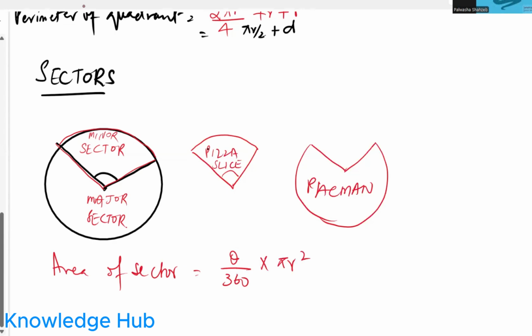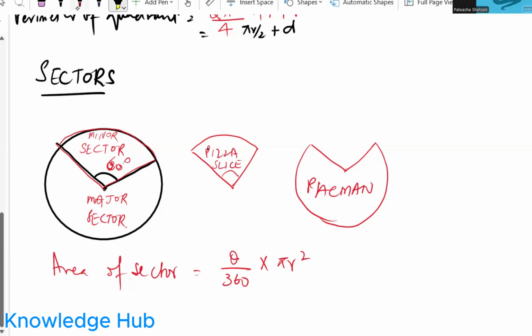Now, be very careful whether we are finding the area of a minor sector or a major sector. Sometimes this angle, let's suppose, is given as 60 degrees, and you're asked to find the area of a major sector. So for the major sector, we're not going to use this 60 angle.